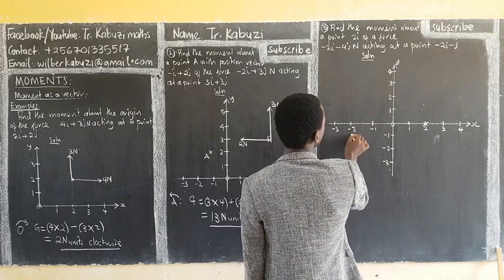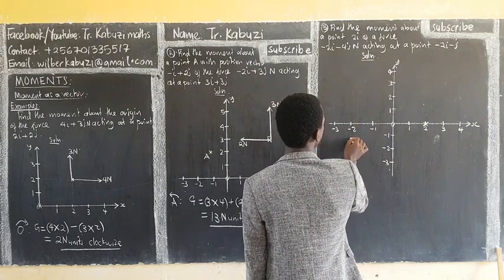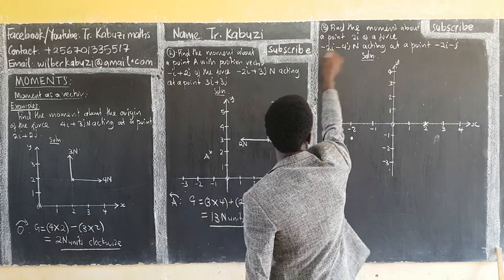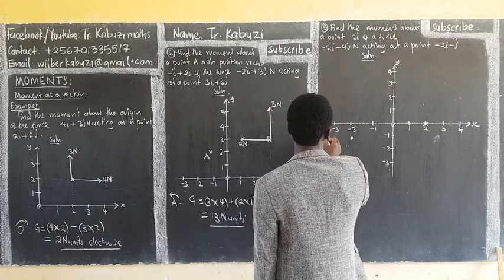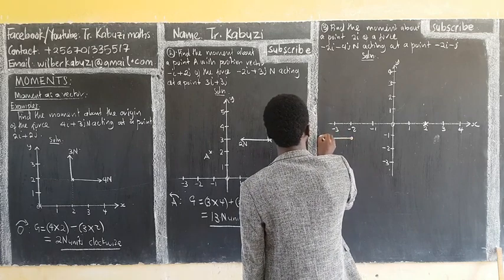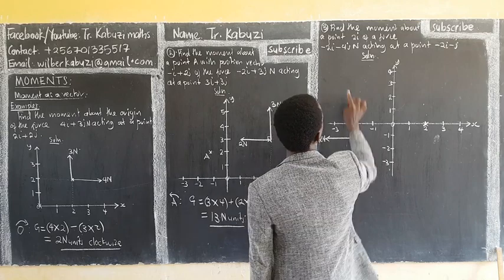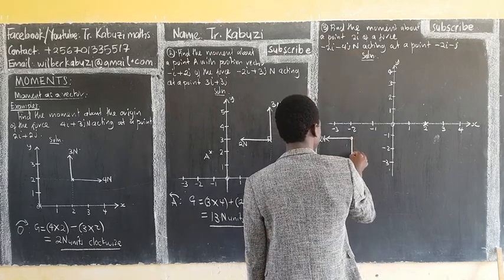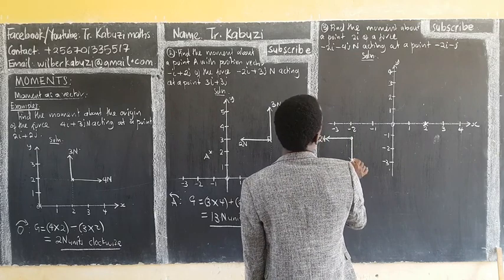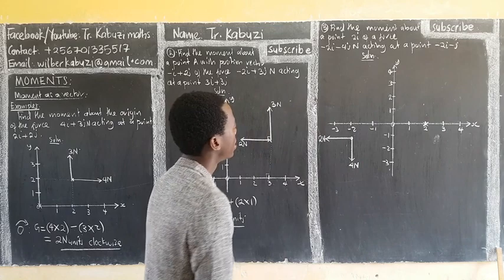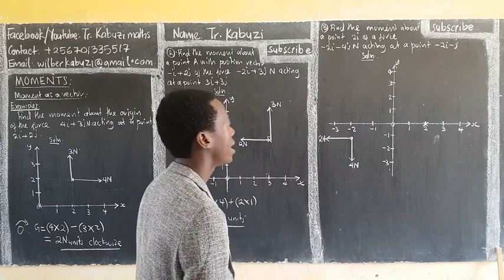This is where our force is going to be. Now you see this one is negative, so negative in this direction. So here we have 2 newtons. Then this one is negative, so meaning it's going to act downwards. It's going to be 4 newtons. So that's the point we have there.